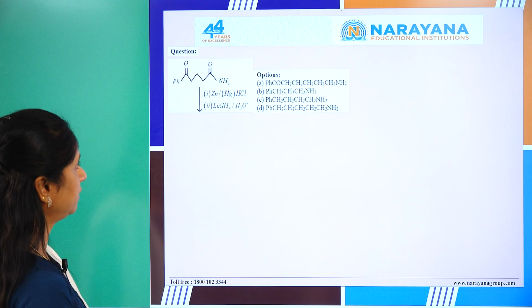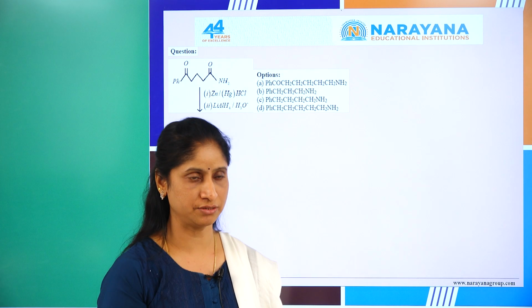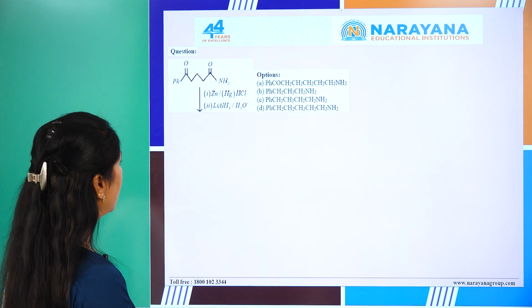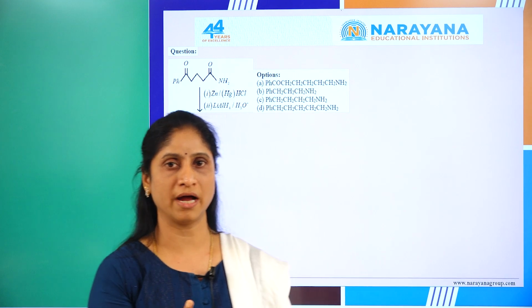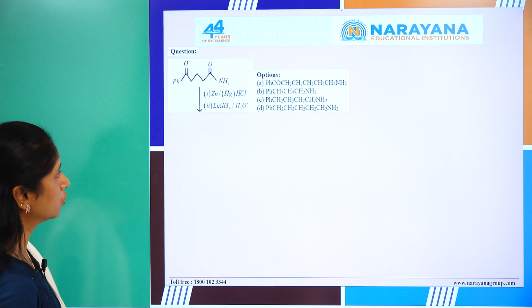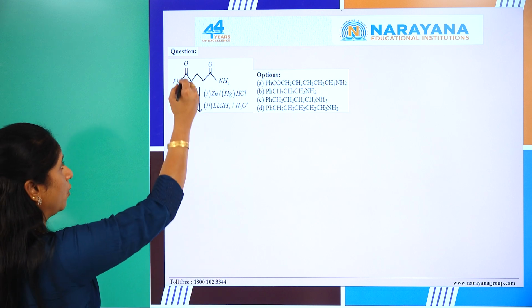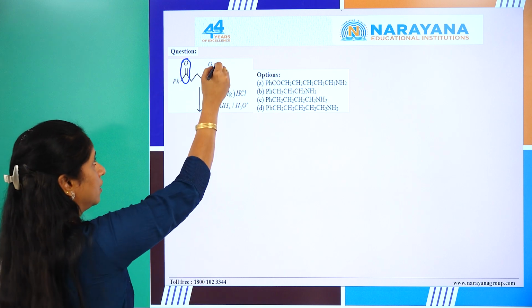You are given two steps: zinc amalgam with HCl, Clemmensen reduction, which we just discussed, and lithium aluminum hydride. Lithium aluminum hydride and sodium borohydride are the two most important reducing agents to be followed here. You have two functional groups here, a keto and an amide.